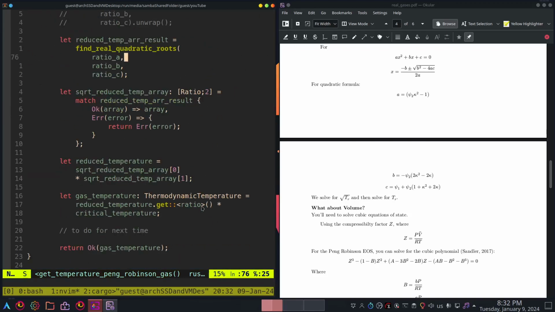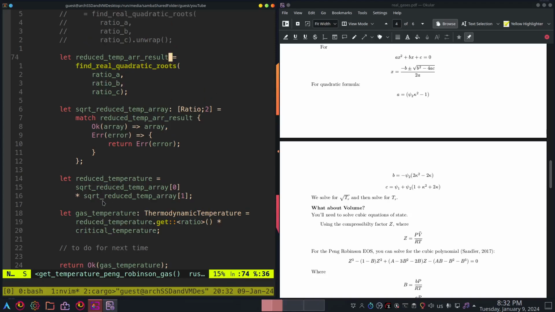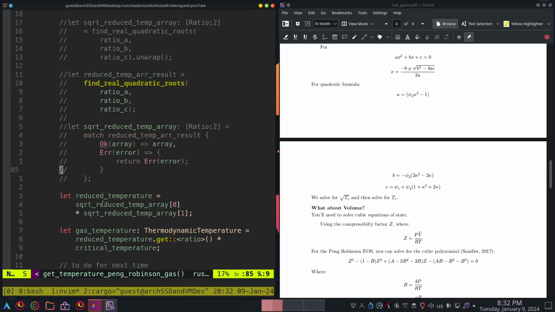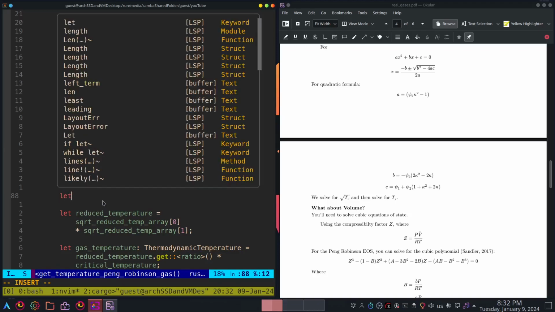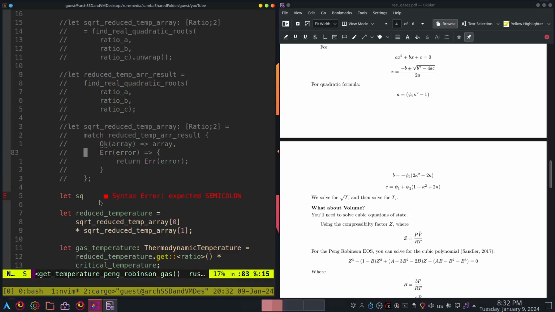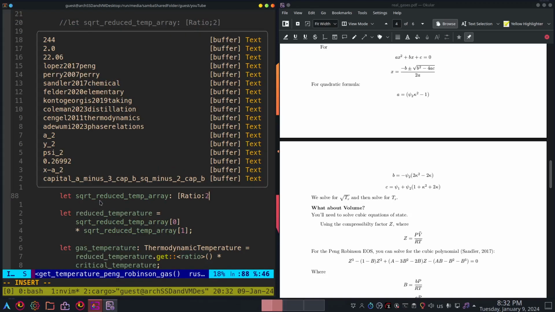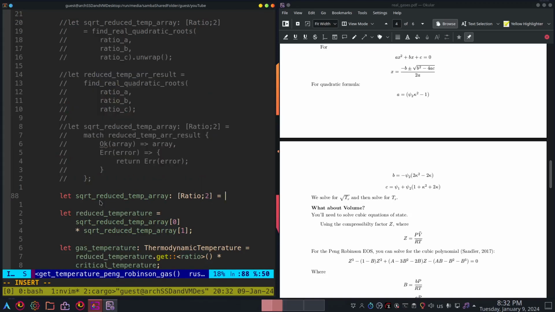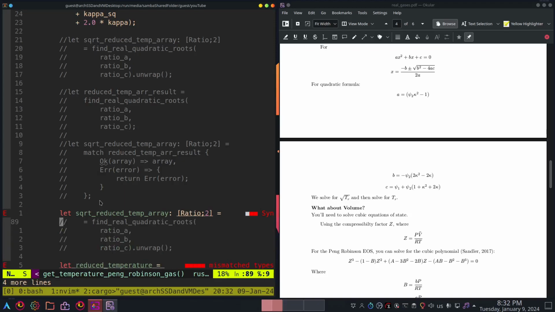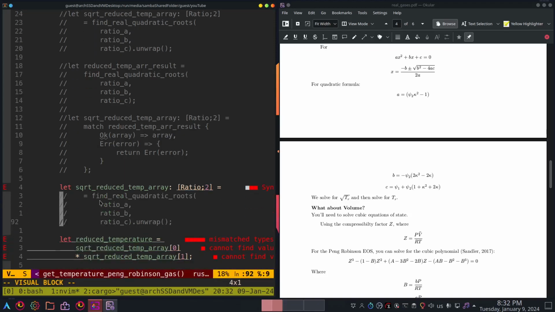Now let me introduce the shorthand method, which is what you will often see in Rust code. Instead of all of this here, you will just see this thing called the question mark. Let square root reduced temperature array, and this will be a ratio 2, and this will equal, instead of doing unwrap, I just replace it by a question mark.